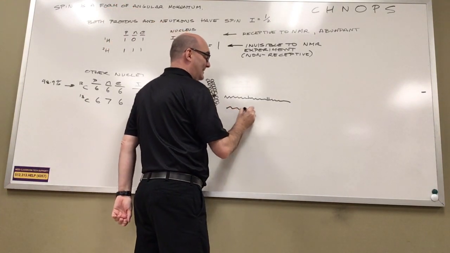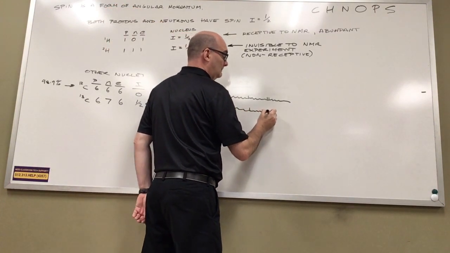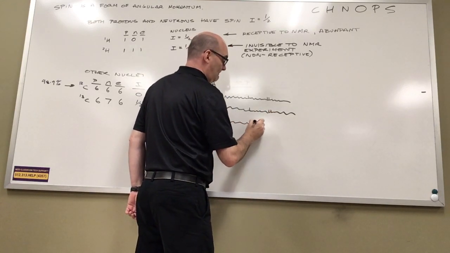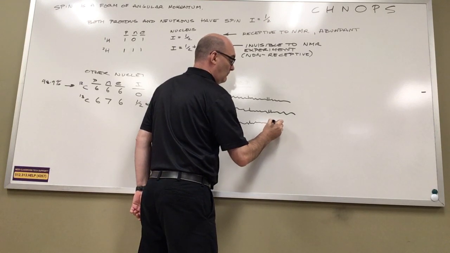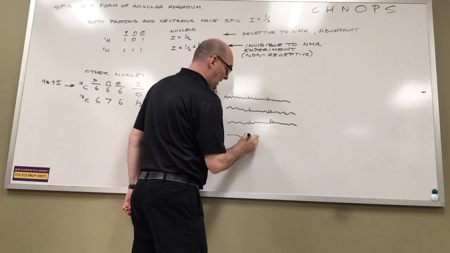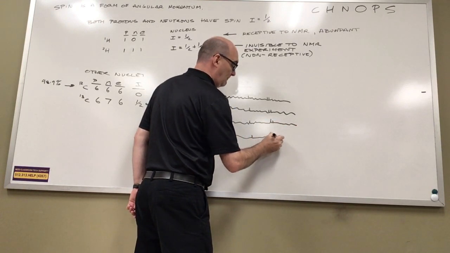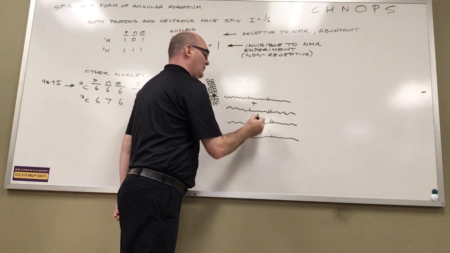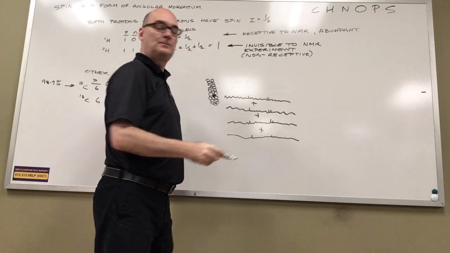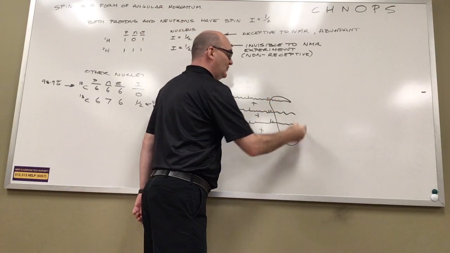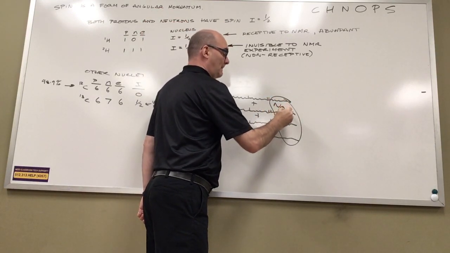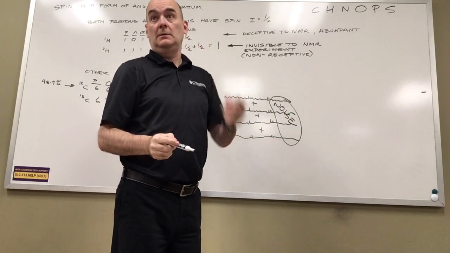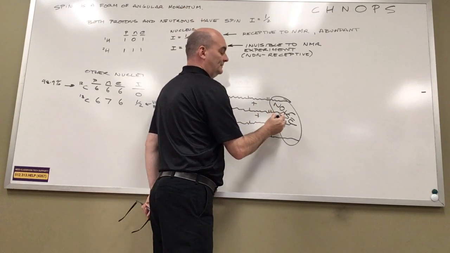If I do it again, and then I do it again, and then I do it again, and I average those. If this region, because it's empty, is noise, noise is random.